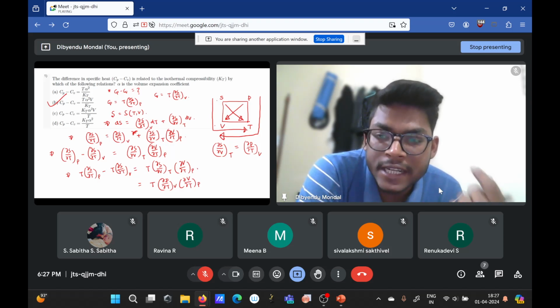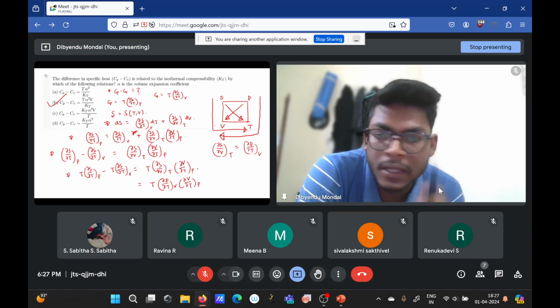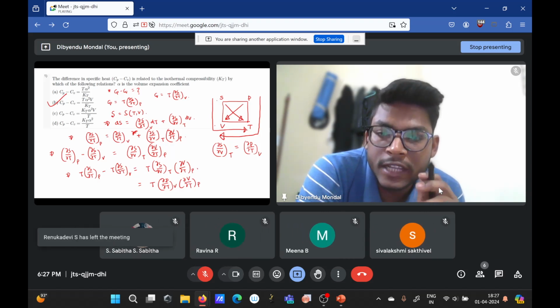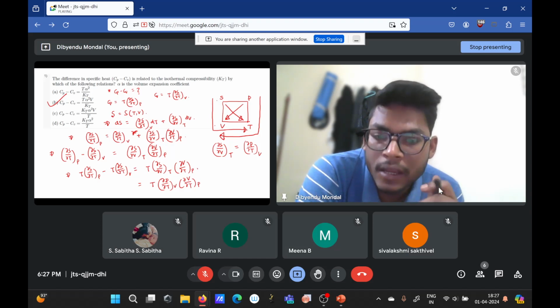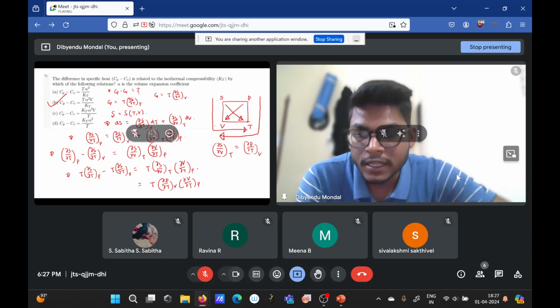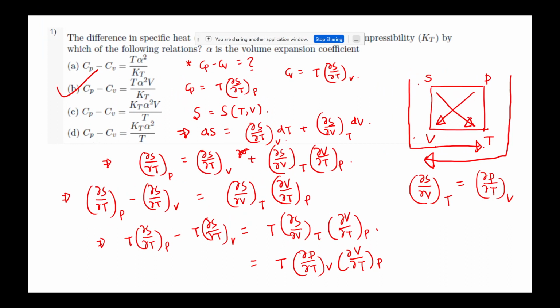So we can write del S del T at constant P is equal to del S del T at constant V plus del S del V at constant T times del V del T at constant P. Now we get the expression for del S del T at constant P. If we take the difference, del S del T at constant P minus del S del T at constant V, that becomes del S del V at constant T times del V del T at constant P.